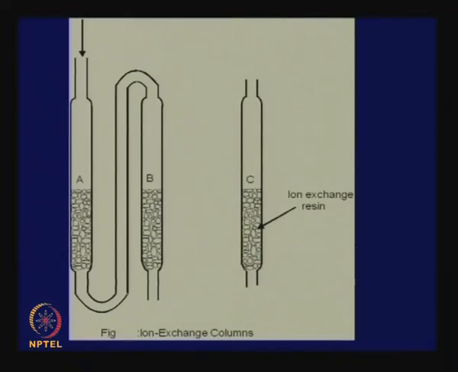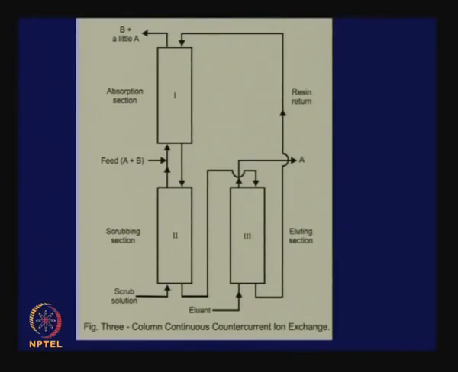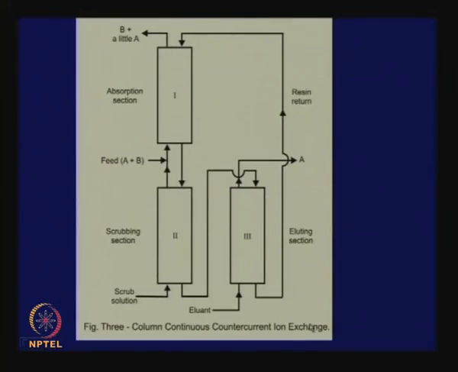So, these things are details I need not go into, but just to show you how it will be done in practice. It is not that it will go through a series of columns. They use various arrangements. Now, here is one 3 column continuous counter current ion exchange. Continuously the feed solution will go through, and you will keep recovering the metallic values.